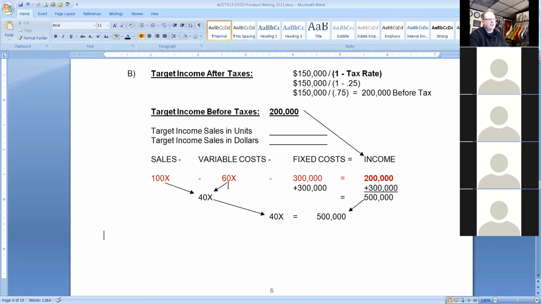It's the same. This is the same line as that, right? It's just closer together.